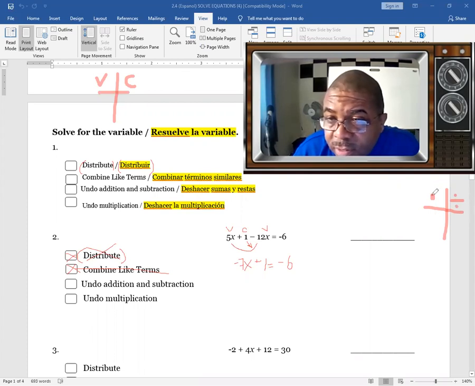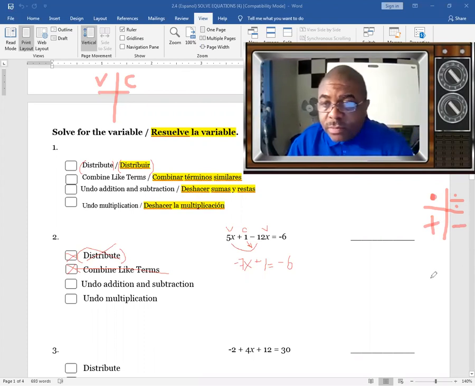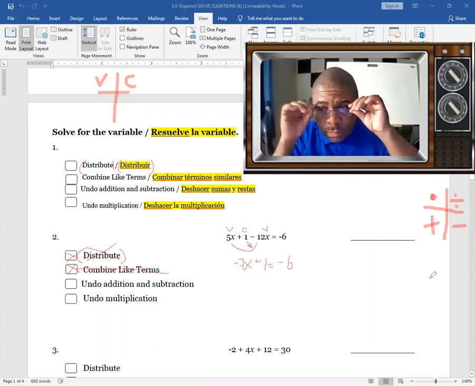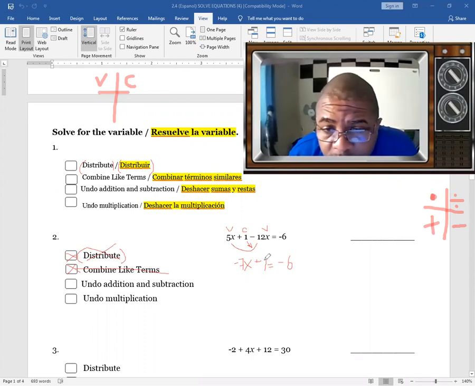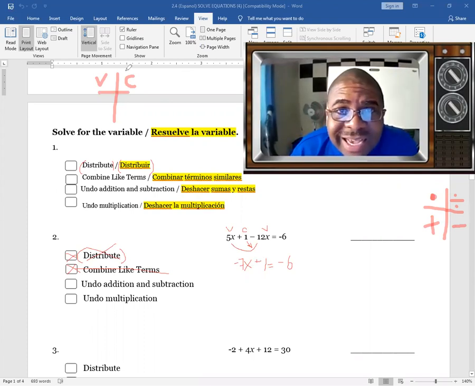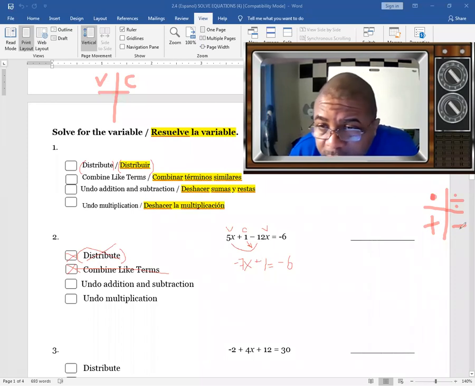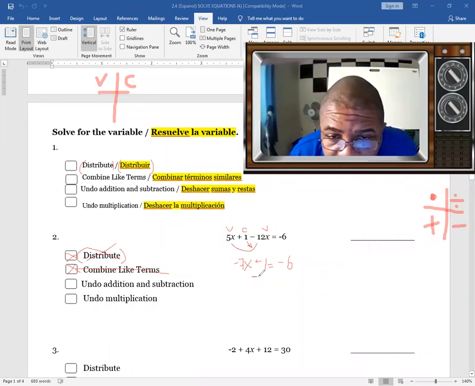That's multiplication. And the opposite of plus or addition is subtraction. So we want to move this positive 1. What's the opposite of addition? It's subtraction. So we're going to subtract 1 on both sides.